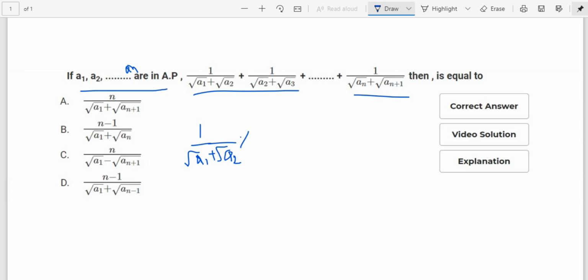And I'm going to rationalize this with the number root a2 minus root a1, as you know the rationalization concept.